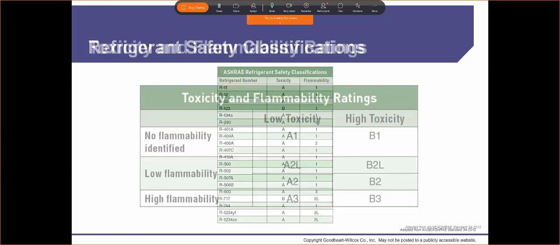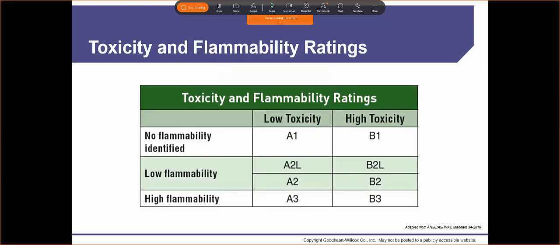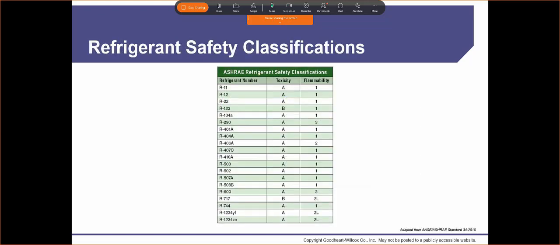If I go back and look at flammability, B3, any flammable threes, R290 looks like it's pretty flammable. The good thing is it's non-toxic, so it'll be safe. But just understand there may be certain issues. If we're brazing and refrigerant leaks out, we may have some issues.